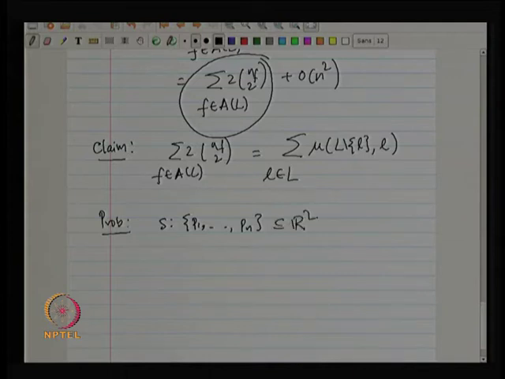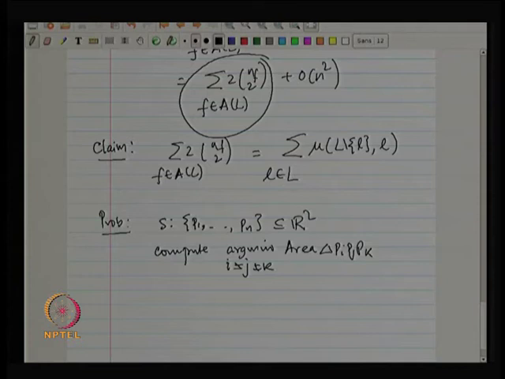Given a set of points in R square, compute a triple whose triangle has an area that is as small as possible.